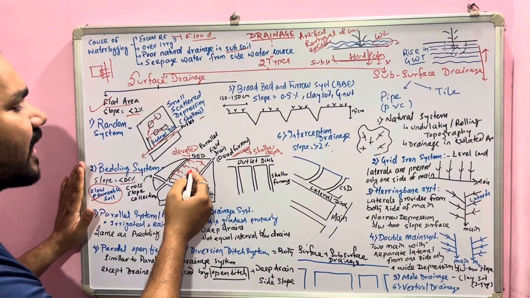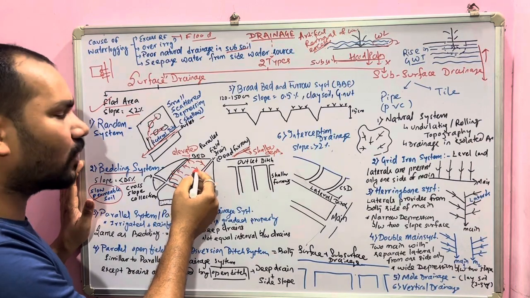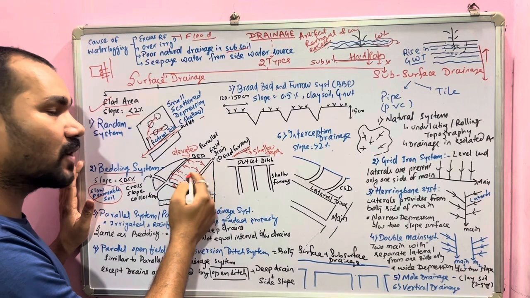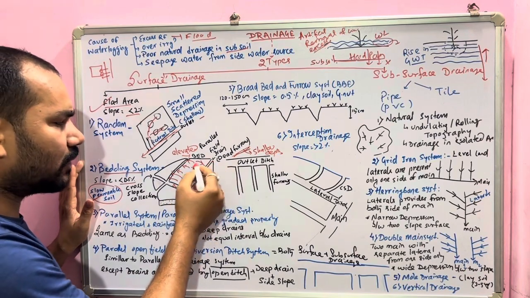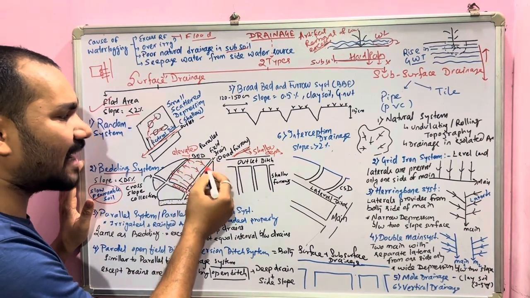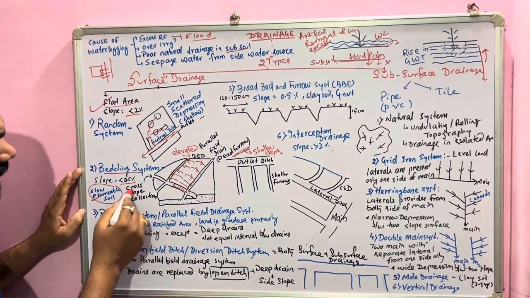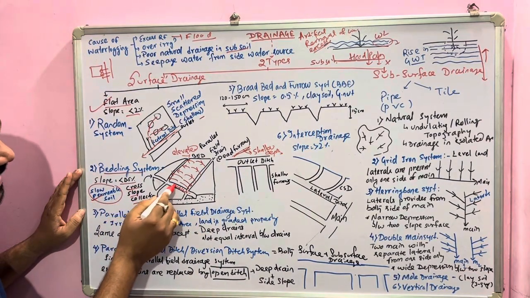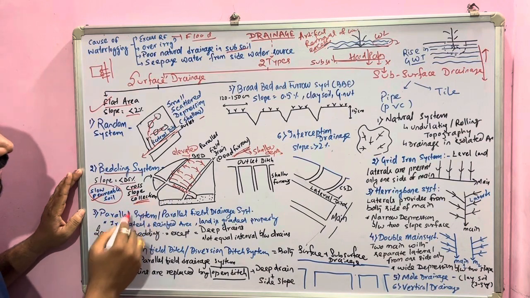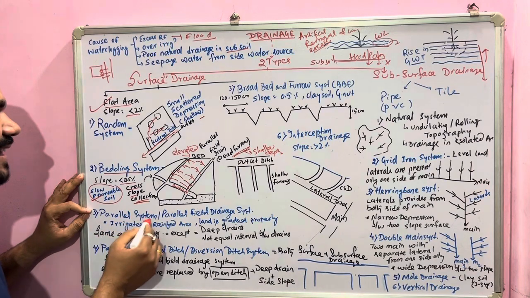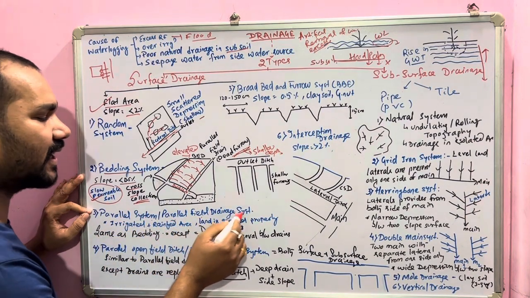But less amount of water will come to this dead furrow, and it is a shallow furrow. So parallel field drains will be there. This is called cross slope collection by the outlet in order to decrease the soil erosion loss. Then next coming to parallel system or parallel field drainage system.